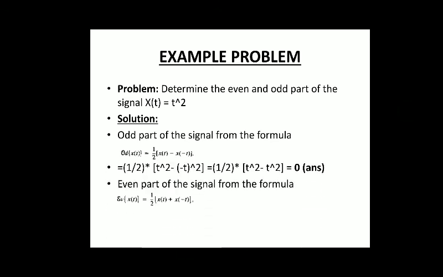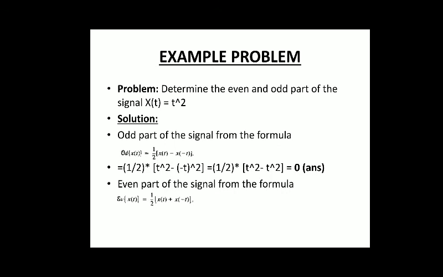So to determine its odd part, what do we have to do? The formula for the odd part of x of t is half of x of t minus x of minus t, and by putting these values we get 0 as the answer.